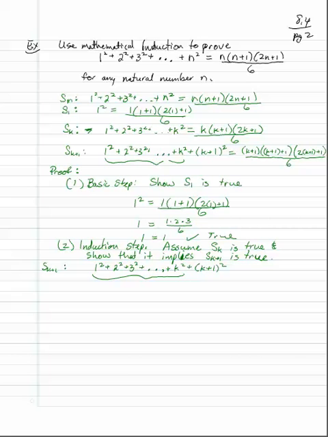Again, this is our assumption, that it's going to be equal to k times k plus 1 times 2k plus 1 over 6 plus k plus 1 squared. So that's by assumption.